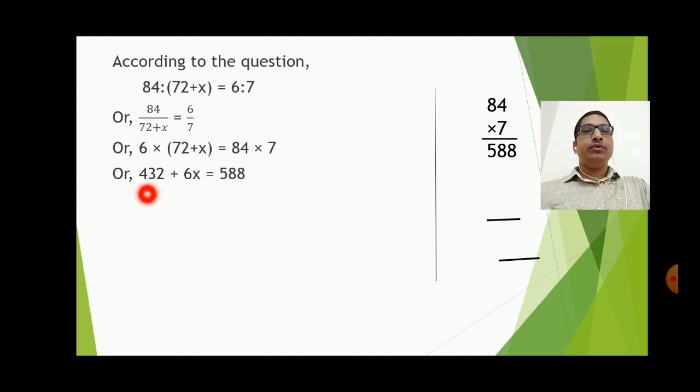So if we move from the left side to the right side, look here, at the beginning there is no sign, that means there is a plus sign. So if we move 432 from the left side to the right side, then it will be minus.